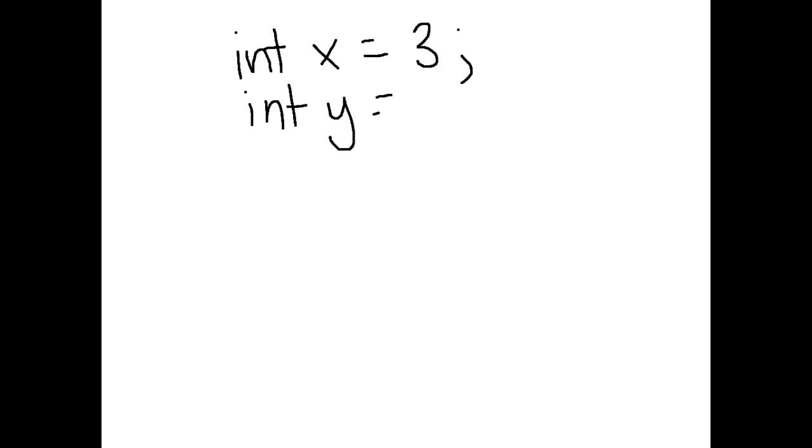So to then use this in a calculation, let's say we had int x was equal to 3 and int y was equal to 7. Then we might have int answer.